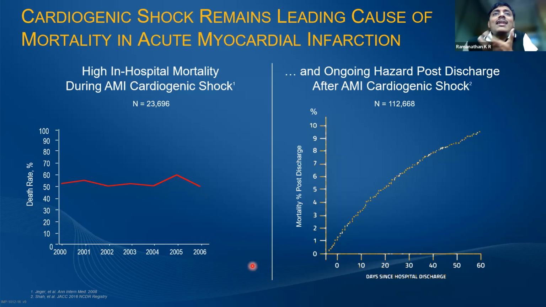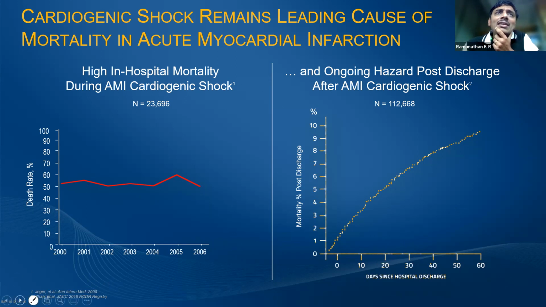More worrying is the fact that patients who have cardiogenic shock post-MI, not only is their in-hospital mortality high, their mortality post-discharge from the hospital in the first 60 days is equally high. Plus, there is an increased risk of readmission within that period if they have had cardiogenic shock during a prior admission.